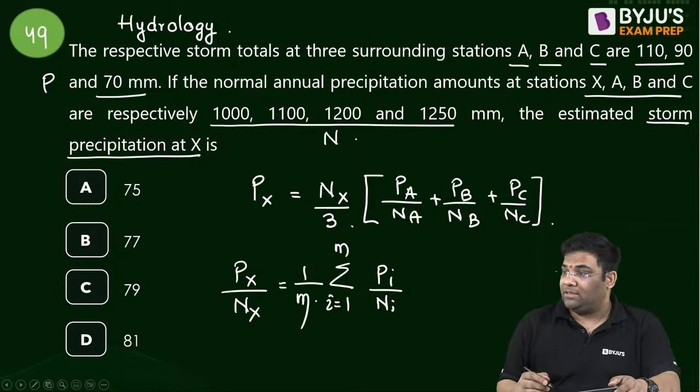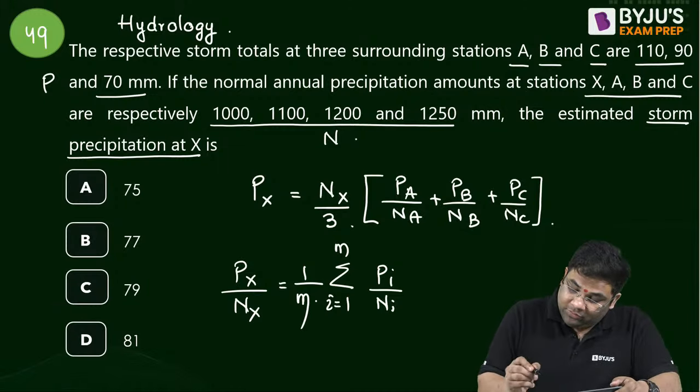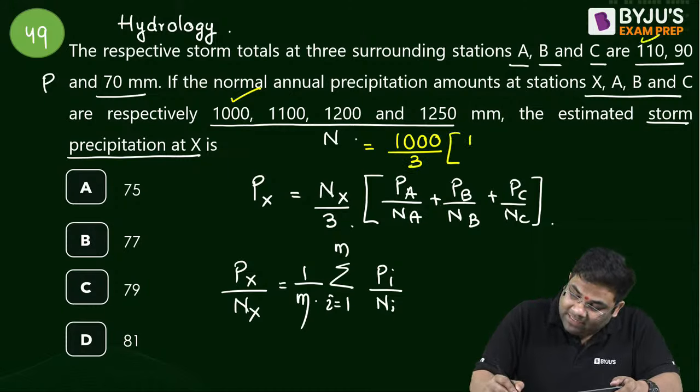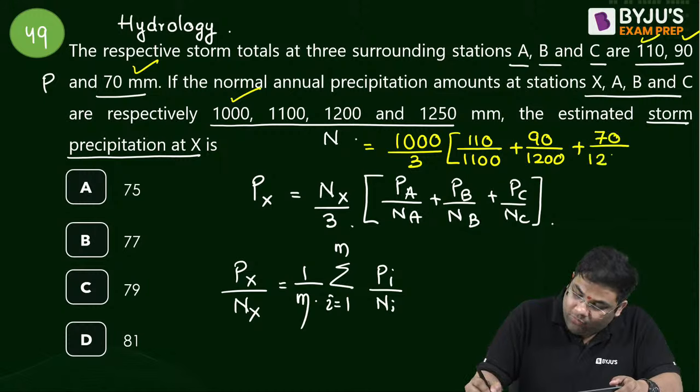Now find the answer. Just put in the values. Nx is 1000, so 1000 by 3. Then PA is 110, so 110 by 1100, then 90 by 1200, plus 70 by 1250.